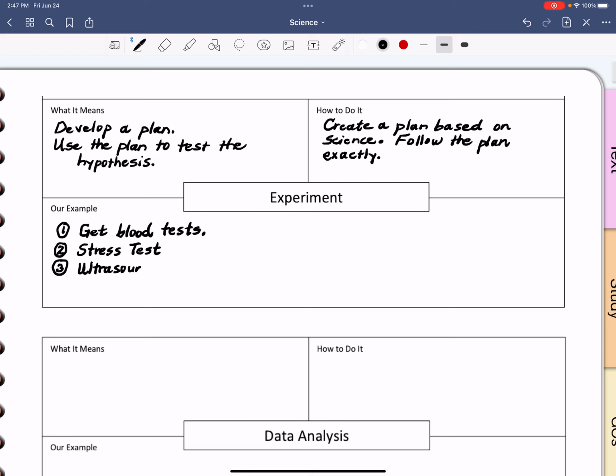So we could look at this almost as 3 different experiments that follow a certain plan exactly. My blood tests are done exactly the same way that Sam's blood tests are done, and it is based on science. So the experiment would be step by step following the plan. Okay.